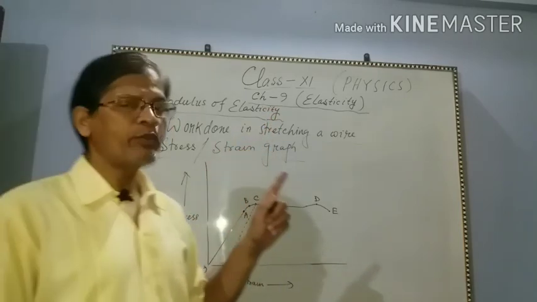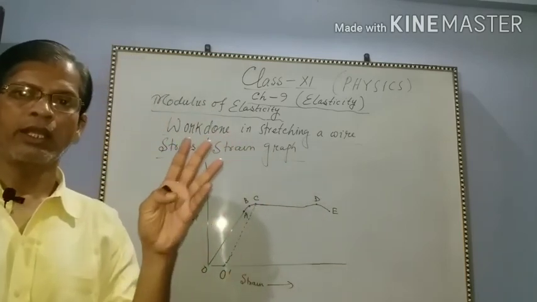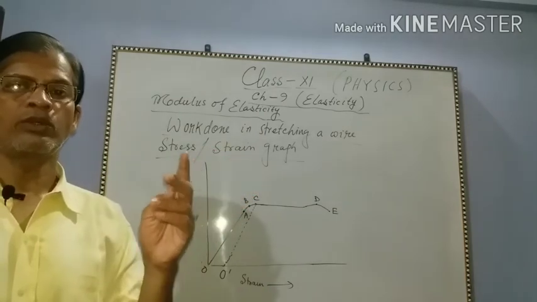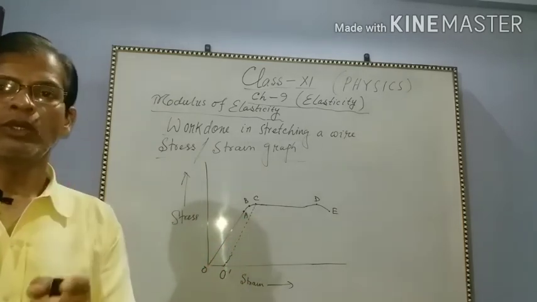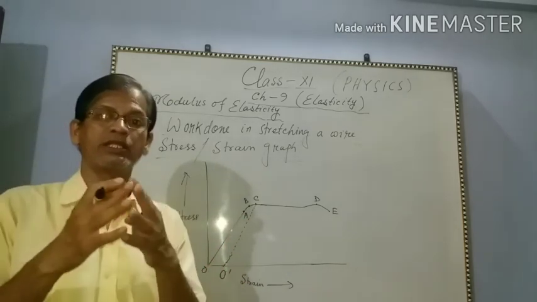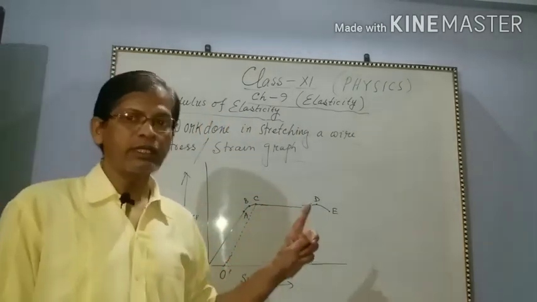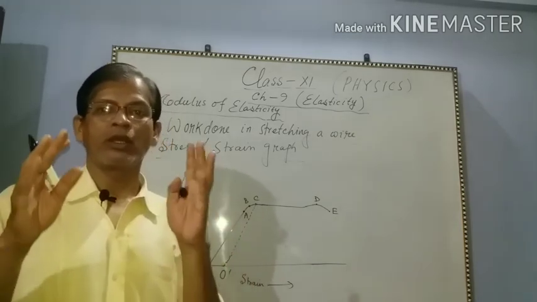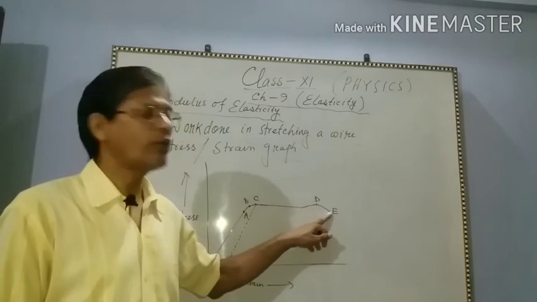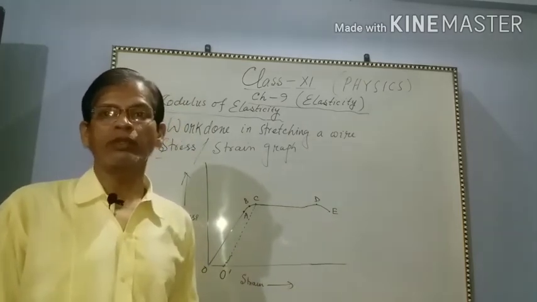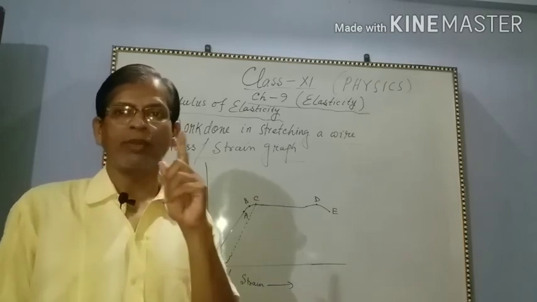And at point D, if all the load is taken out, that means the wire is totally unloaded, even then the length of the wire is increasing, that means the wire is automatically flowing, and then the wire is broken. And so E point is called the breaking point. At point E, the wire breaks.